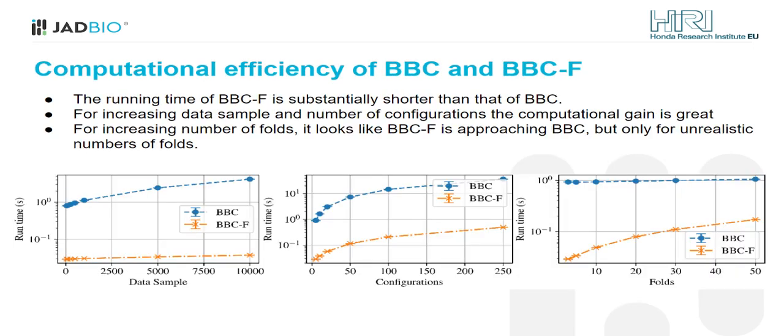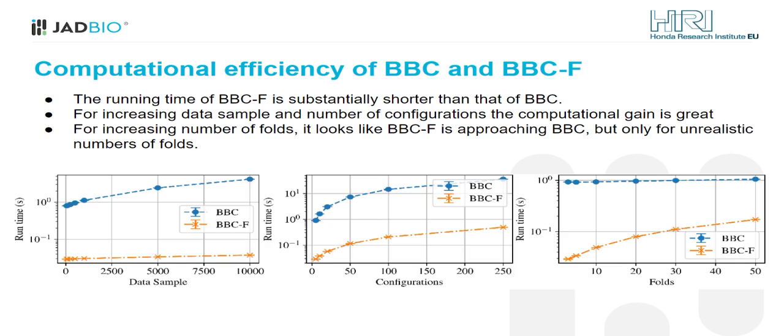On the next slide, we compare the computational efficiency of the bootstrap bias correction confidence interval and the fold version of it. The running time of the BBC fold is substantially shorter than that of the BBC. And for increasing data sample and number of configurations, the computational gain is great.